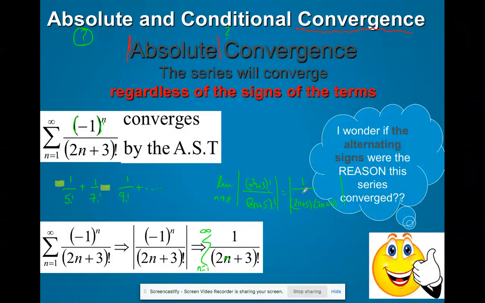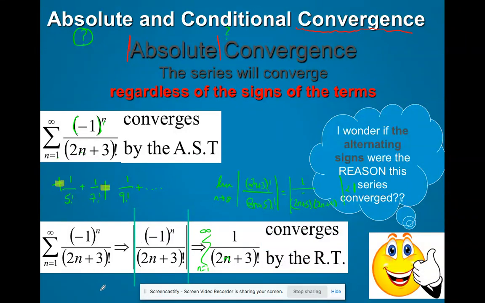That limit is 0. 0 is less than 1. Therefore, this series that I took the absolute value of, which means I turned all my terms positive, still converged by the ratio test. Still converged.